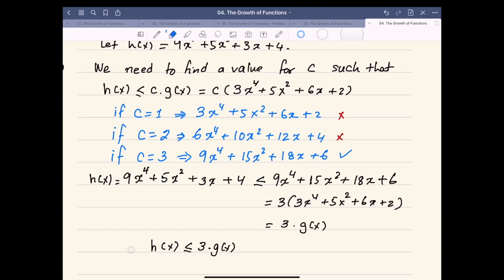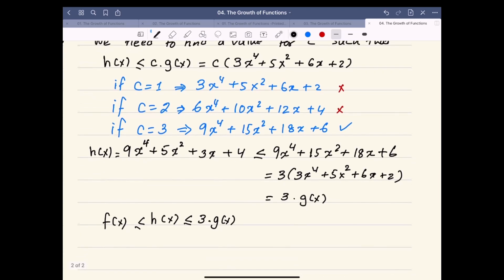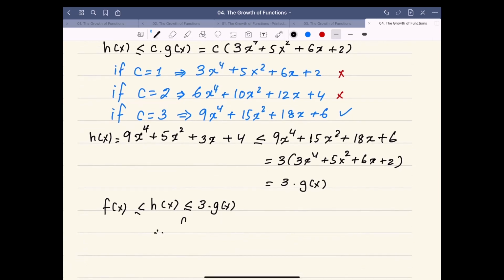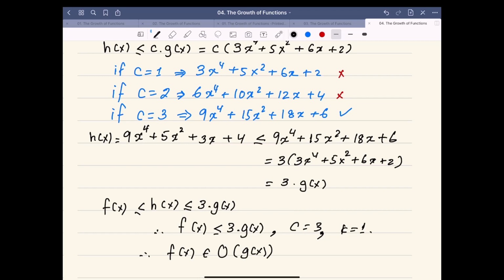And remember that in the beginning, f of x was less than or equal to h of x. So therefore, we say that f of x is less than or equal to 3 times g of x. And if we assume that c is equal to 3 and k is equal to 1, this will prove that f of x belongs to big O of g of x.